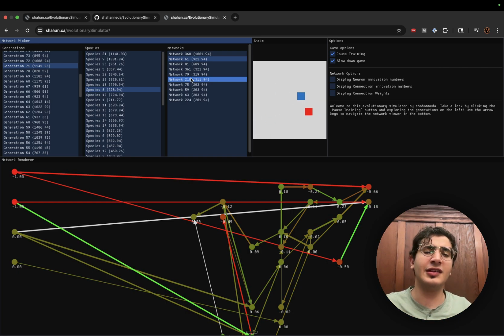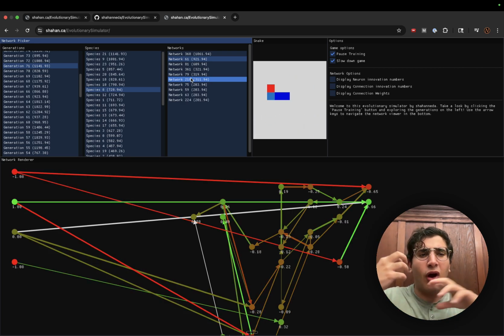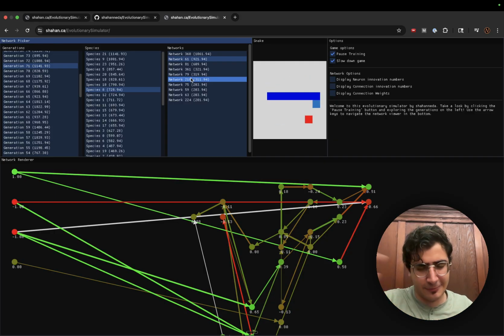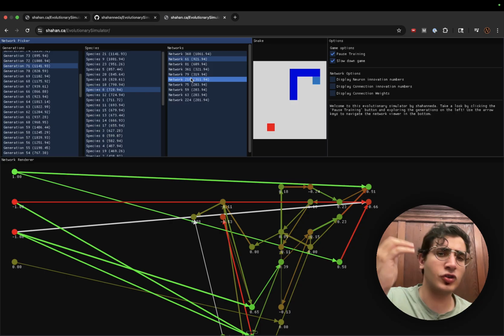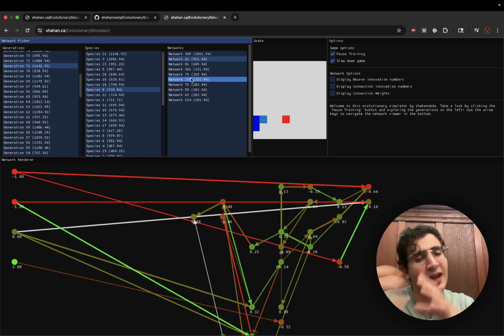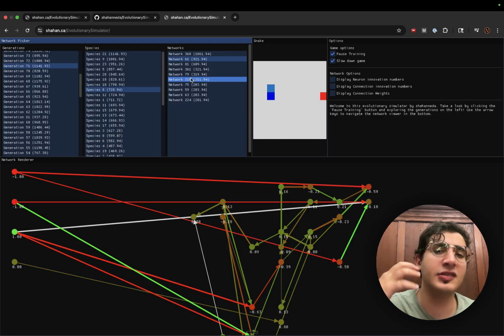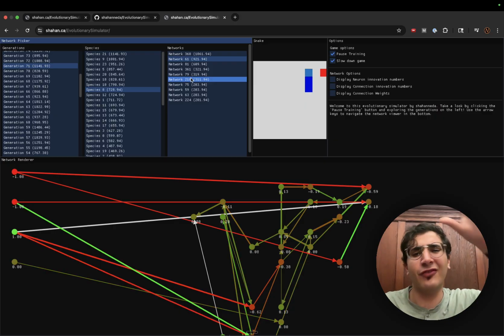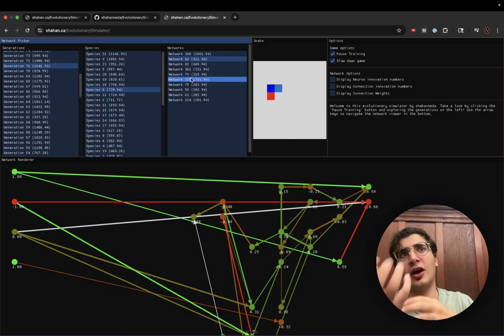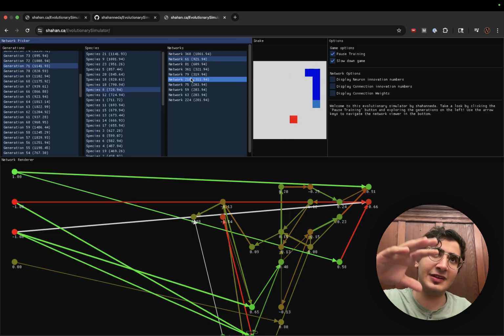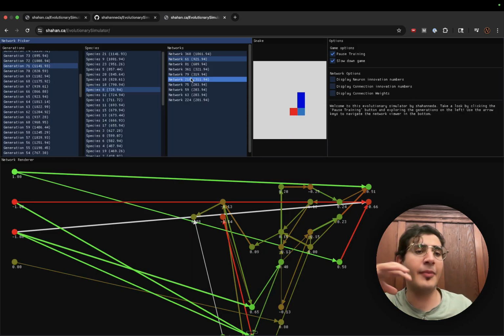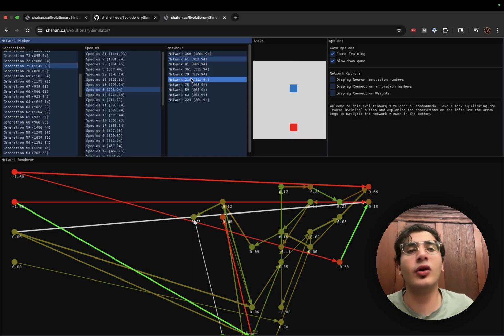The reason for doing this is it allows unpopular ideas to spread, meaning sometimes there's an idea that's not super mature, the fitness score is not super high, but a lot of networks are trying it out, and by not punishing those networks right away, within one species there is some sort of headroom to experiment with new ideas, because sometimes the best ideas end up working out over a long period of time. If we kill them right away, it wouldn't be good.